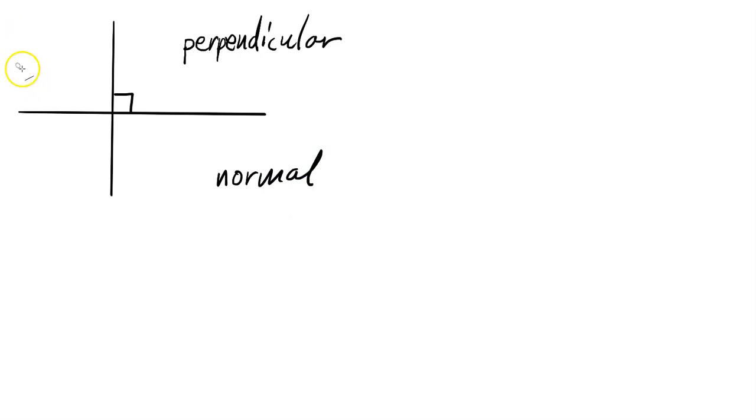So let's say we have 2 points. We have a line segment connecting 2 points. And let's say this is the middle point, so they're equidistant here. And we draw a normal here, a line perpendicular through this middle point.